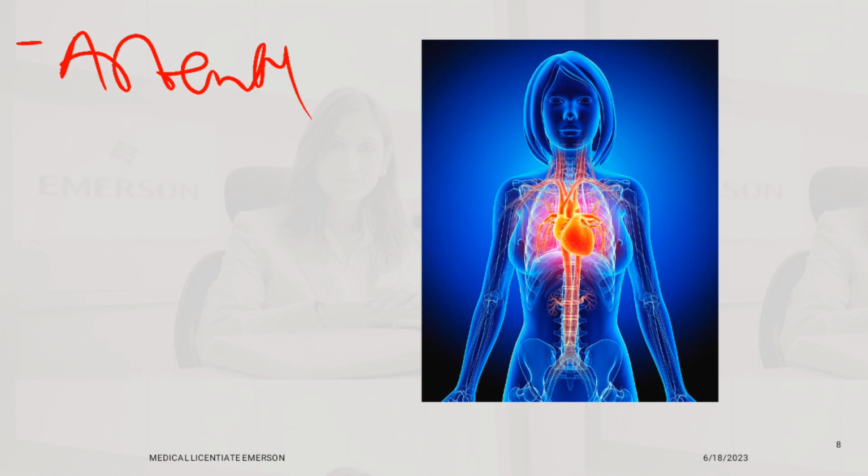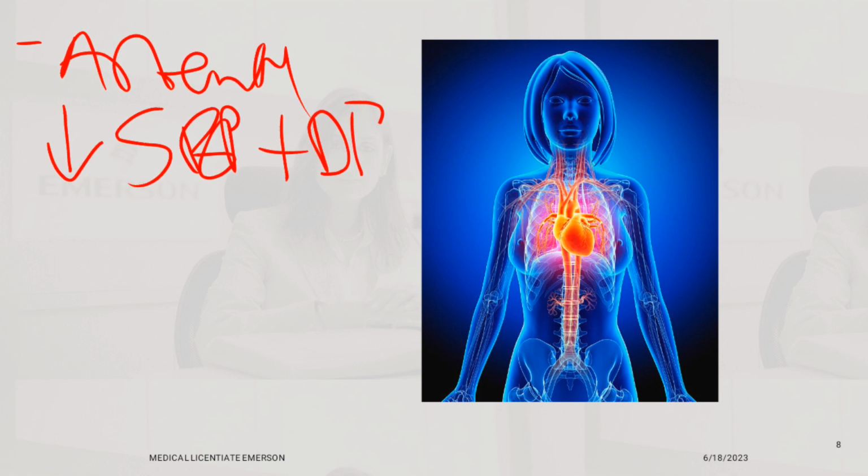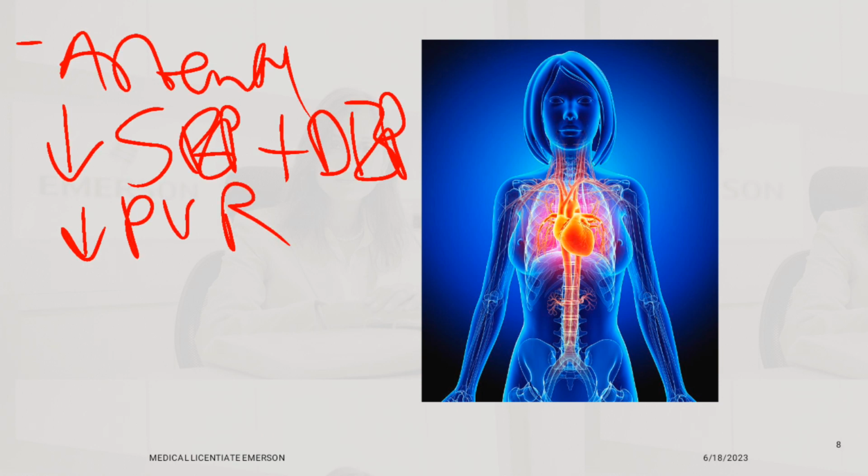There will be a reduction in systolic blood pressure plus diastolic blood pressure, so these are going to reduce. Then peripheral vascular resistance is also going to go down due to the effects of progesterone.